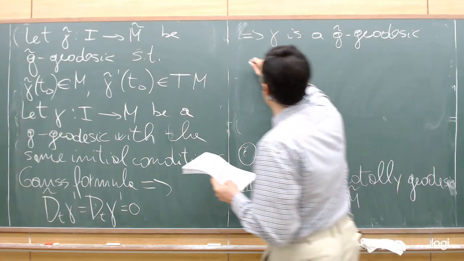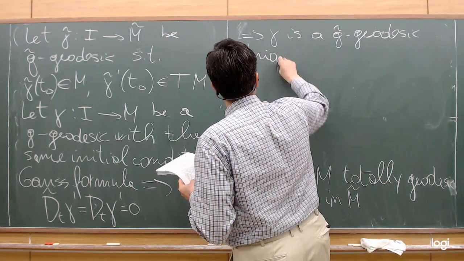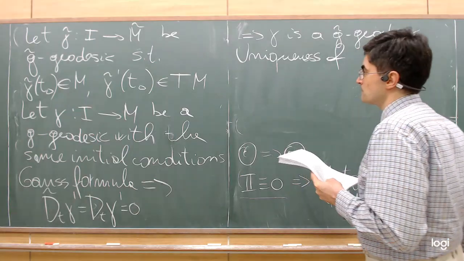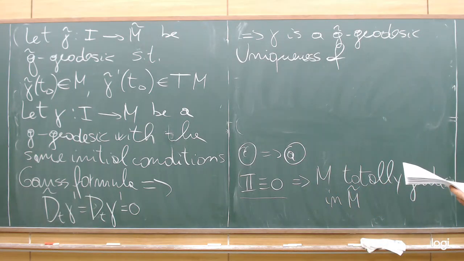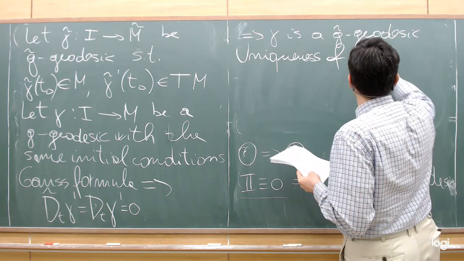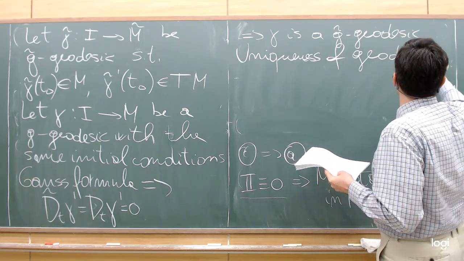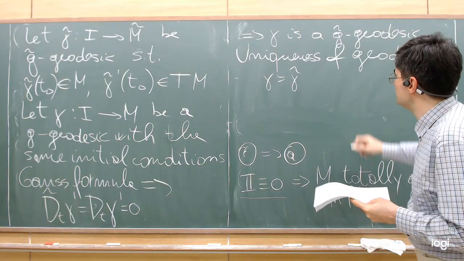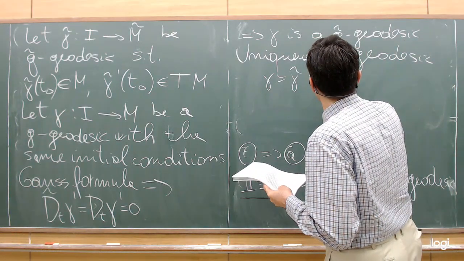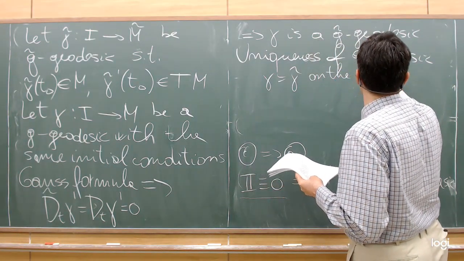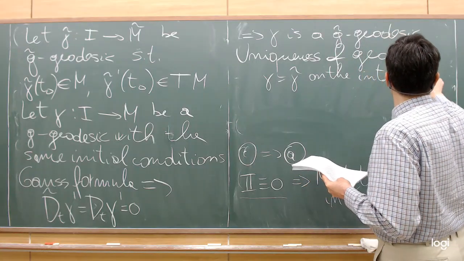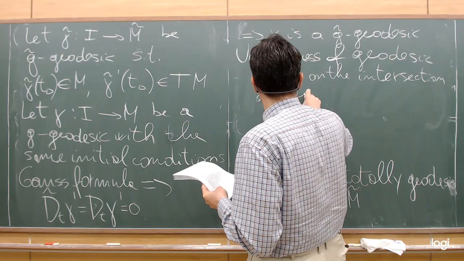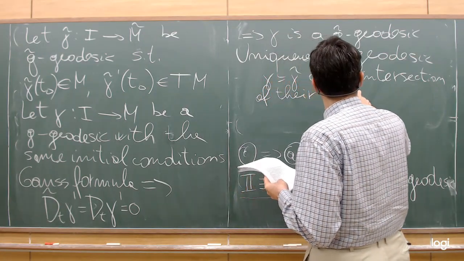Now we use the uniqueness of geodesics, and we have that gamma is equal to gamma tilde on the intersection of their domains.